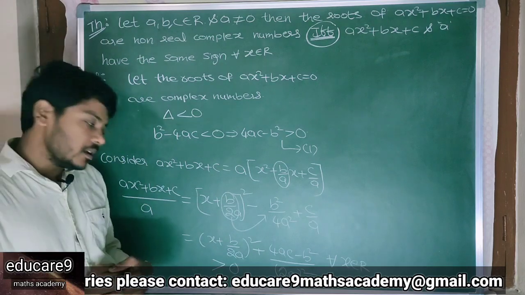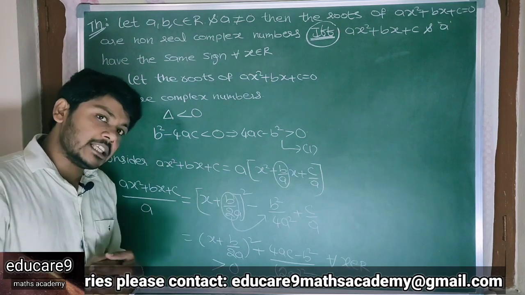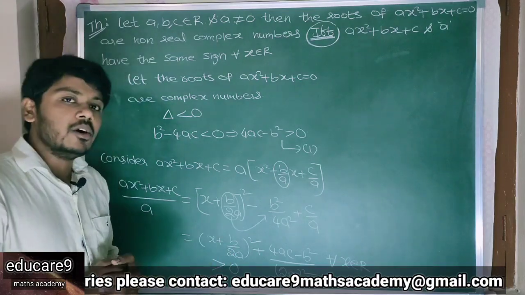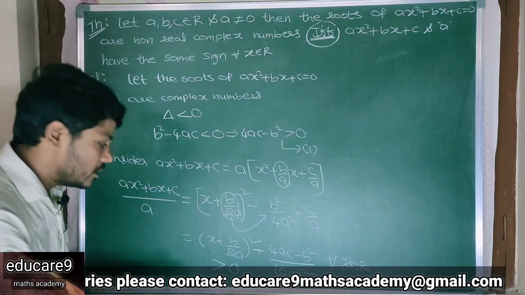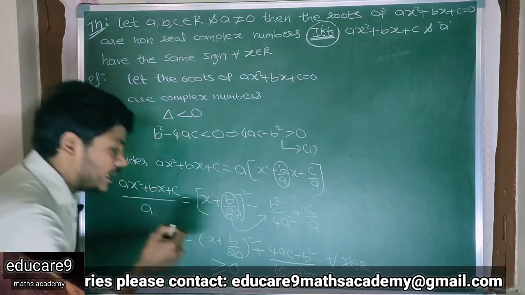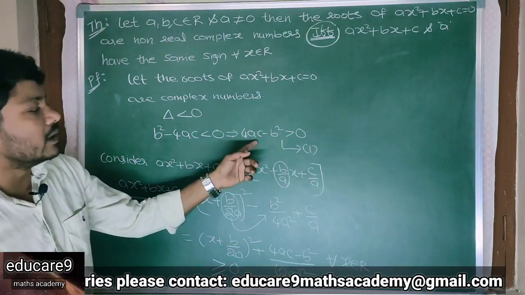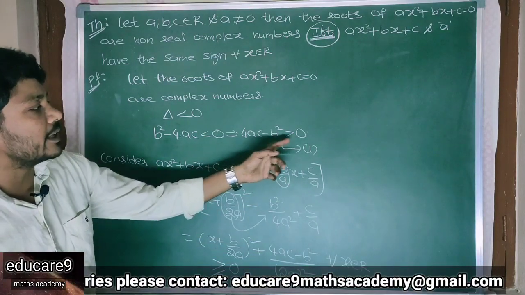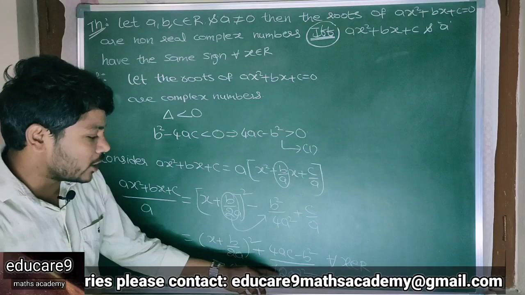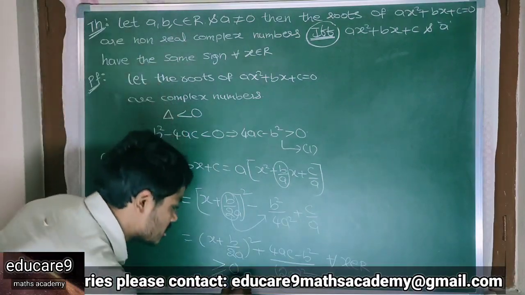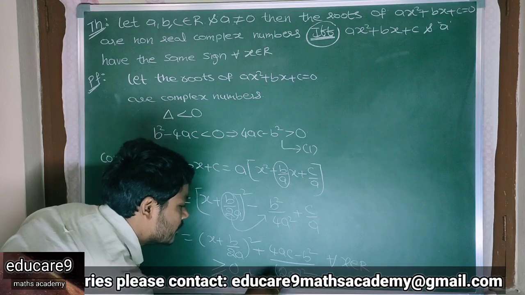And one more case, if x is equal to minus b by 2a, in that case this value should be 0. So that's why I write equals to 0. Now 4ac minus b square value, from equation 1 it is greater than 0, and 2a whole square is always positive, so plus greater than 0.